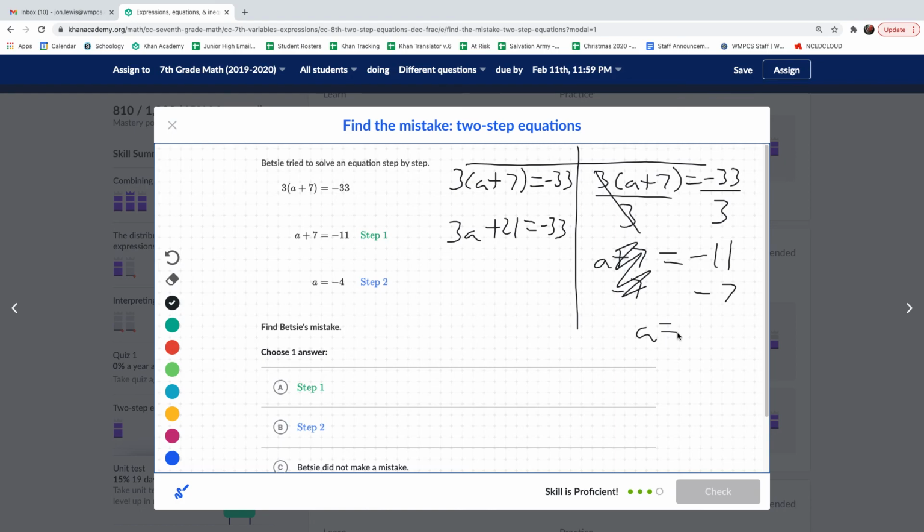Negative 11 take away 7 is actually going to give us negative 18. So Betsy's last step, where she was getting rid of that 7, looks like it's incorrect.